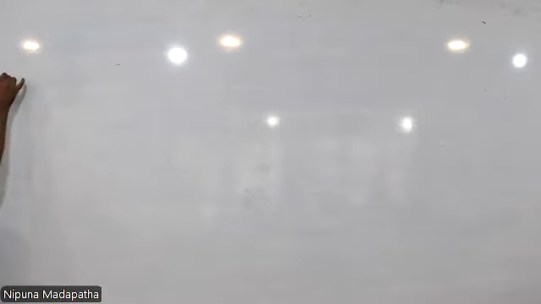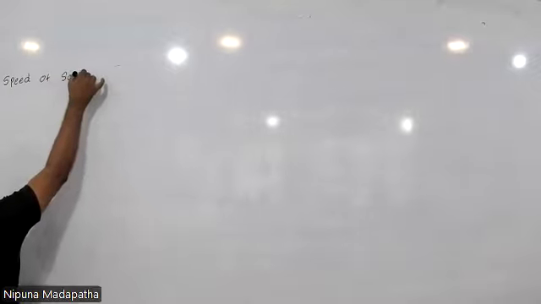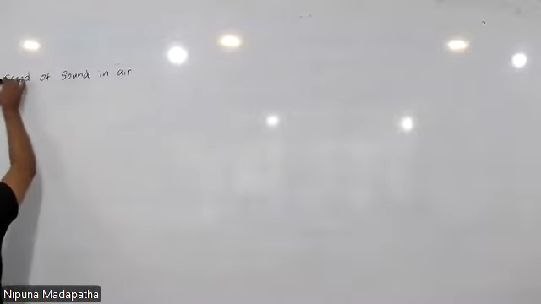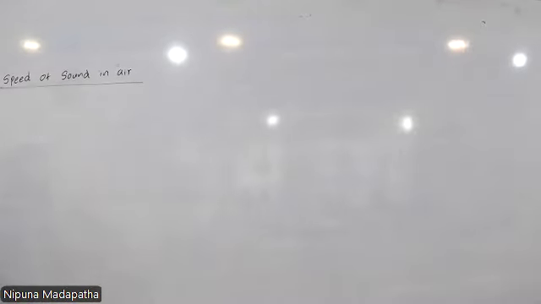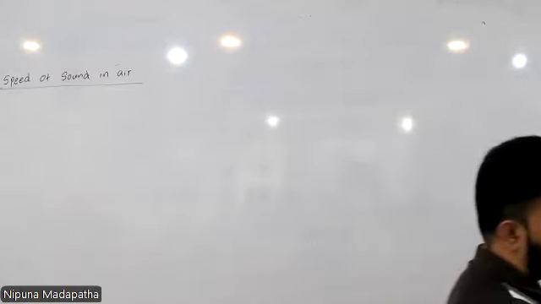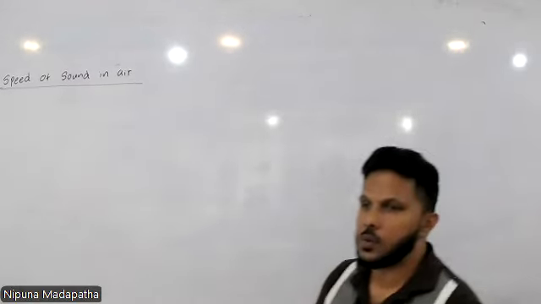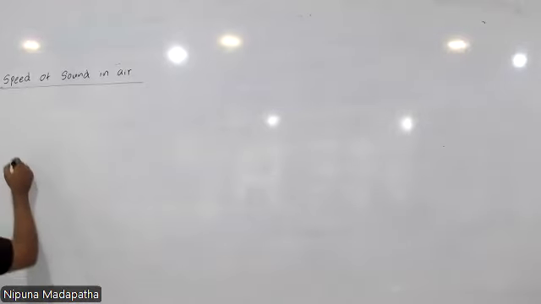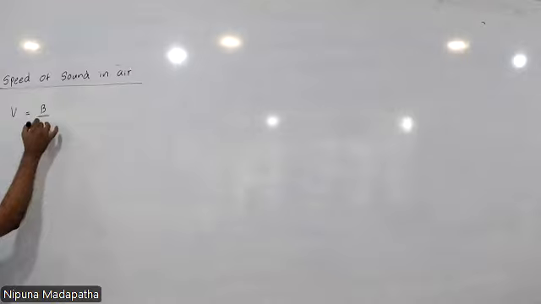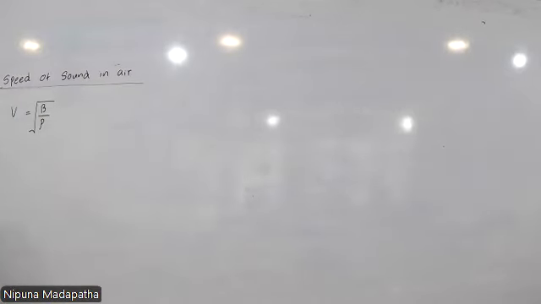Sound waves are longitudinal waves, so the speed of sound in air is also given by the expression V equals the square root of the bulk modulus of the air divided by the density of the air.